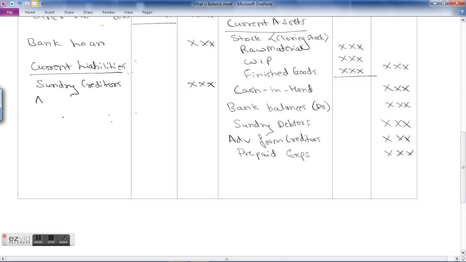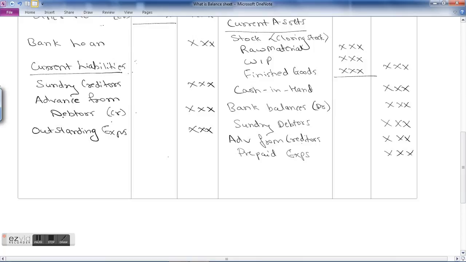Then there may be some advance from debtors. Now this advance from debtors will show a credit balance, so this will be reflected here. Then there may be some outstanding expenses which are yet to be paid. Those expenses will be shown here.